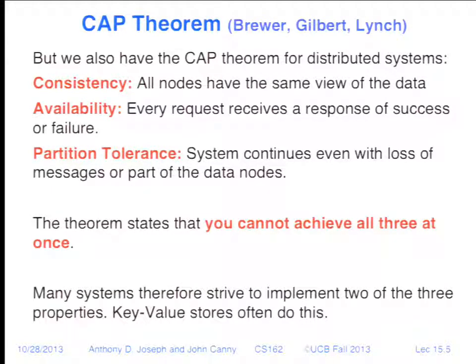That means that many of the systems that people actually build strive instead to develop two of these, or they try to weaken one of the notions significantly. So they might strive for eventual consistency instead of some stronger notion of consistency at every time step. Most key value stores are working under some relaxed assumptions that are often a subset of these. So there are CP systems that will have consistency and partition tolerance, etc. All right.